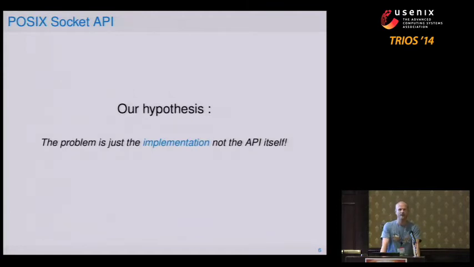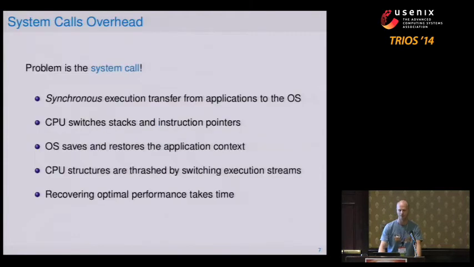So we do not believe that the Socket API is so broken, but we think that the implementation in the commodity operating system is not as good as it can be. The key problem here is the system call itself. It's a synchronous transfer of execution from the application into the operating system, during which the CPU switches the stacks, page tables, and instruction pointers, and the operating system has to execute some code to save and restore the application context.